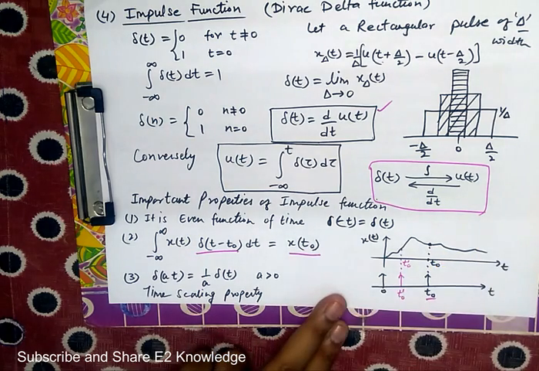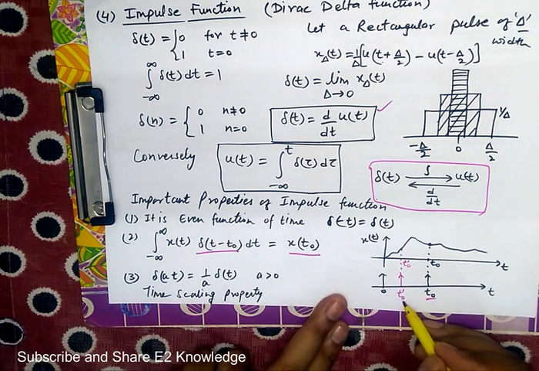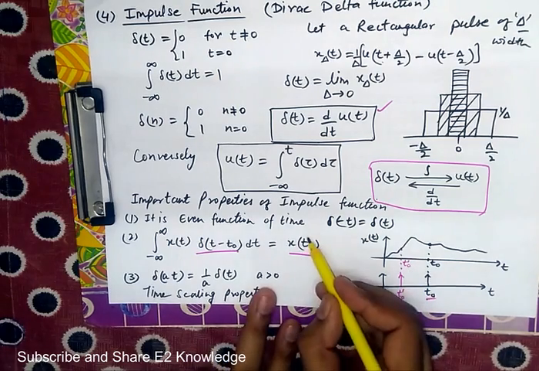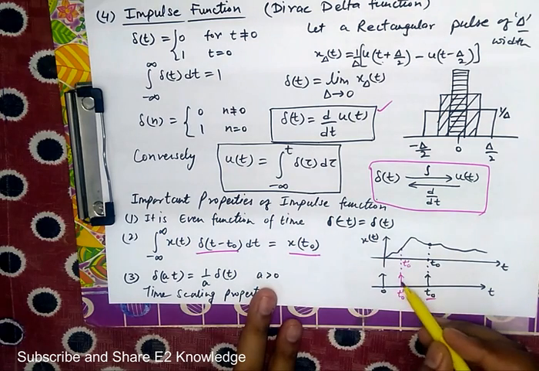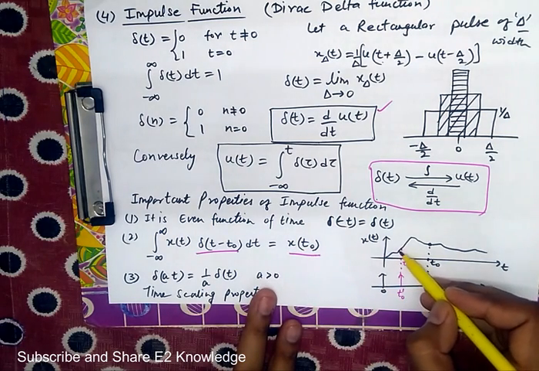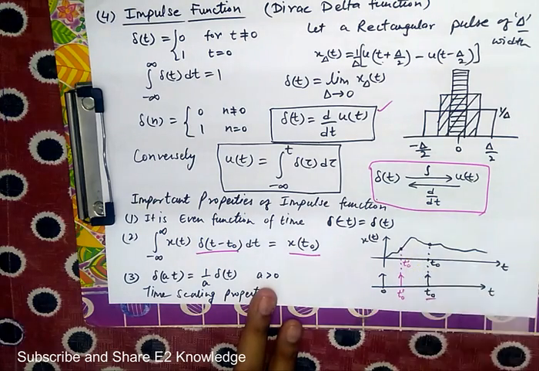Similarly, if t0 is in a second time position, suppose it is t0 dash, our delta function will be shifted here, and now the value of x comes out to be x(t0 dash).